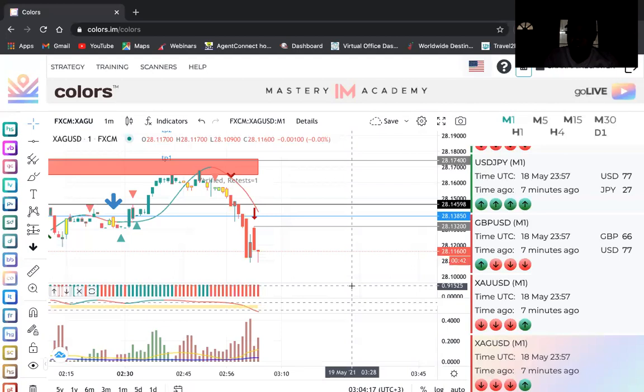Right when you said it never went blue, what do you recommend as broker for colors? I don't recommend brokers, guys, because I'm trying to find a good broker right now.